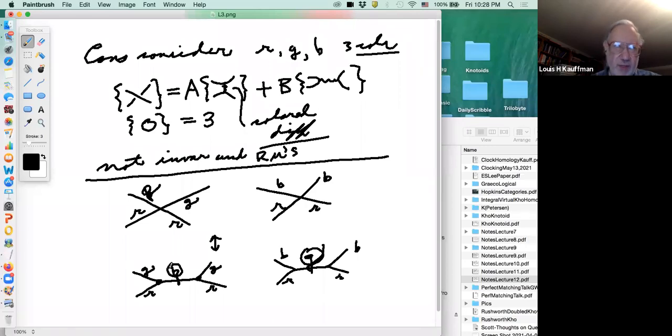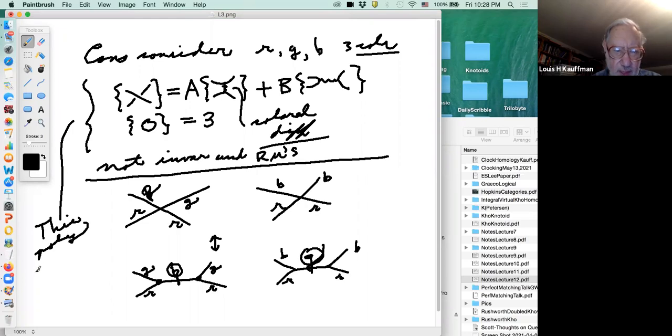So this polynomial is useful for studying three colorings of trivalent graphs.